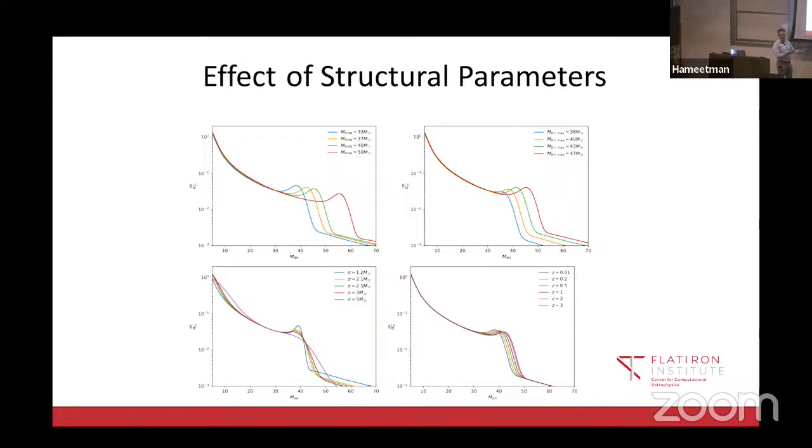Right? You don't have complete freedom to shape the peak. Similarly, if you change the maximum mass that is achieved before the relationship completely turns over, you don't shift the onset, you shift the location of the peak and you change its width and its prominence. Right? In this simplified model, there are structural parameters that shape the peak.